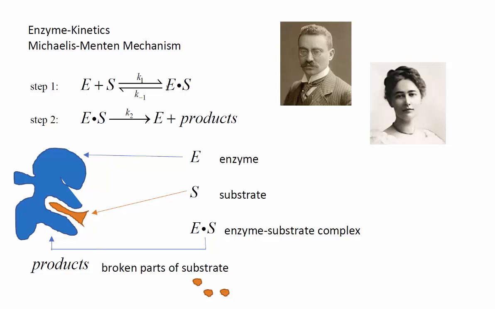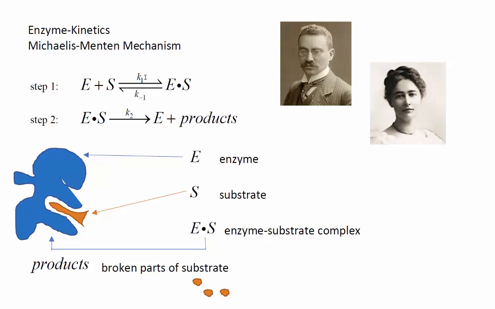The first step of the mechanism is just the formation of that complex. And you see it's an equilibrium that needs to be considered, because as the substrate docks, it sometimes simply releases and then docks again. Maybe things line up a little bit better, and then products are formed. So there's this back and forth going on in the first step.